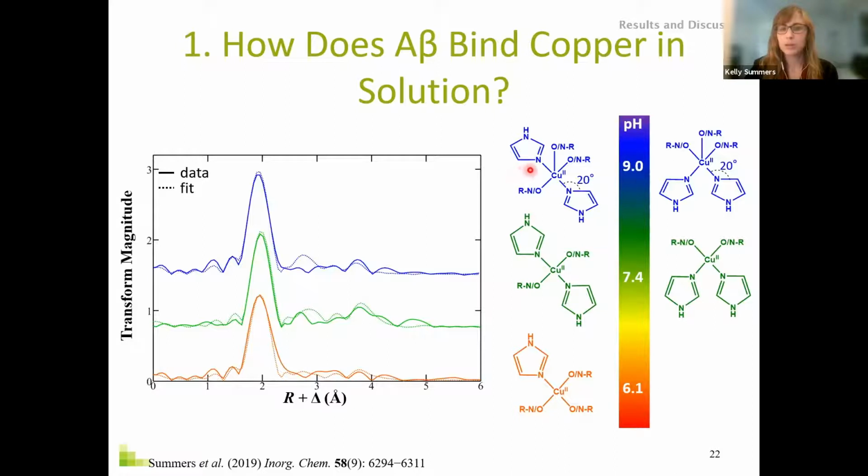But we also found a really good fit by bending these histidine residues up out of the plane by about 20 degrees. In the pH 9, it's a little difficult to see in this particular figure, but this first shell is actually more intense than in the other 2 spectra, and so we hypothesize that this may actually be a 5-coordinate species.